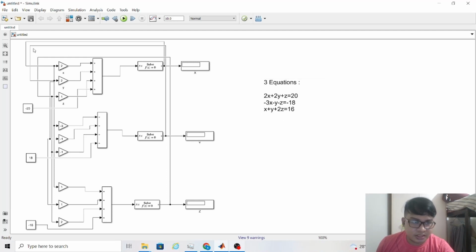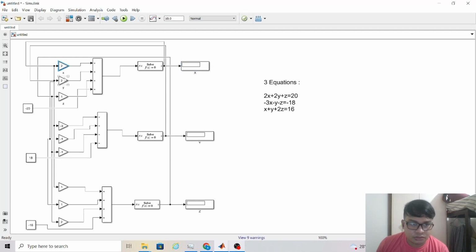So here's the model using Simulink. Here's 2x using green, and using blocks, the solver, the geometric constraint, and the display for the numbers.